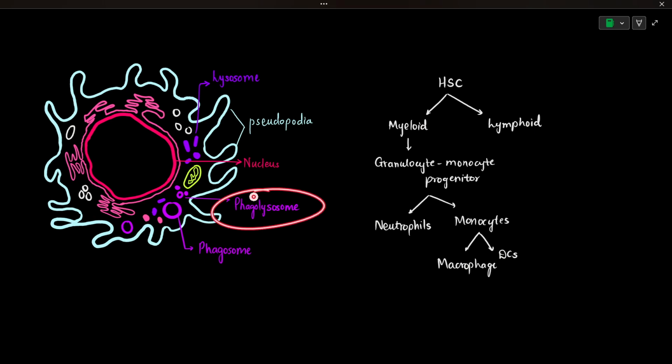So in this phagolysosome, those antigens will be prepared, because the macrophage is engulfing the whole bacteria. So the bacterial components will be broken down, and now they are converted into short peptides. So those peptides serve as antigen for activation of immune responses.